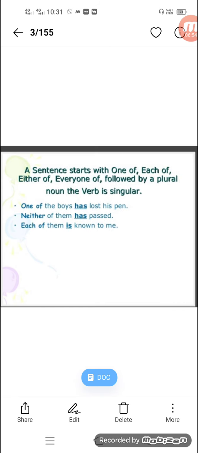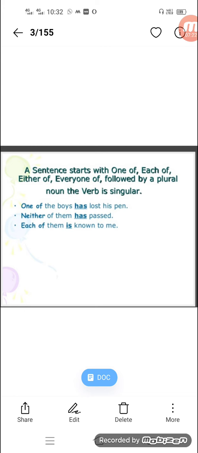Okay. Next we can see some other sentences. When a sentence starts with one of, each of, either of, neither of, every one of, followed by a plural noun, the verb is singular. We have to consider them as singular pronouns.